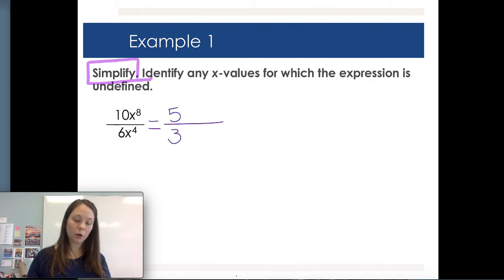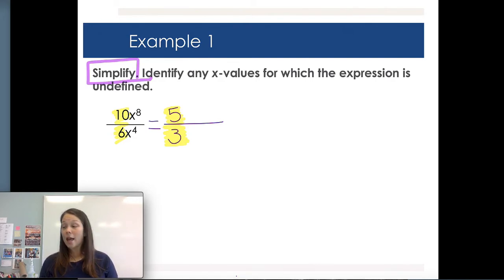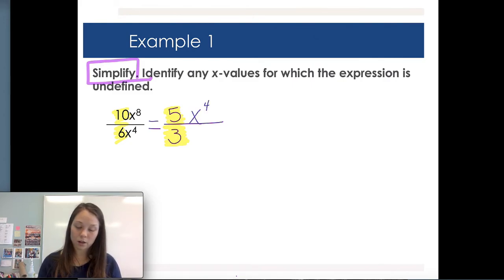I'm going to do some color coding with the highlighting here just so you can see what's happening. So 10 over 6 simplifies to 5 over 3. Then we have x to the power of 8 divided by x to the power of 4. If I subtract those exponents, 8 minus 4 is 4, so I'm left with x to the power of 4 here. Again, color coding just so you can see how that's working out.